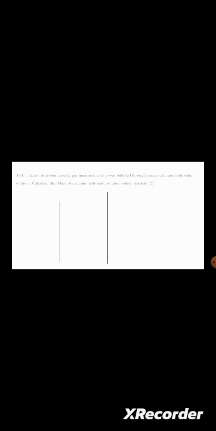Now the question is, how do we use this volume so that we come up with the mass of this calcium hydroxide? Quickly, we have to remember, because they've said this 1.2 decimeter cube of carbon dioxide gas was measured at RTP, which is room temperature and pressure.